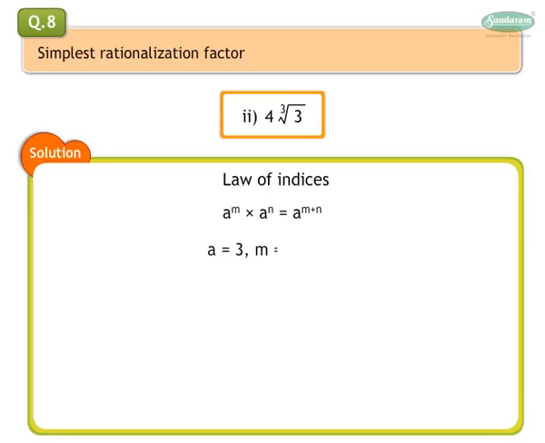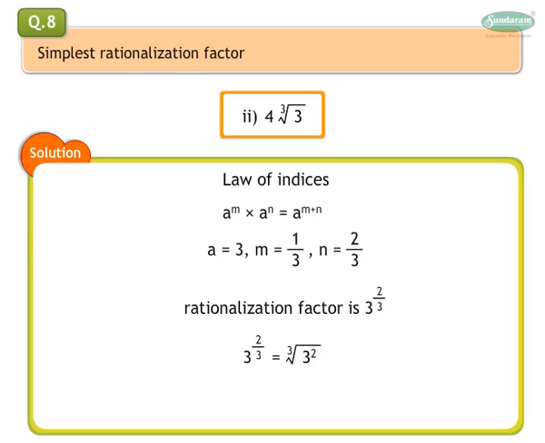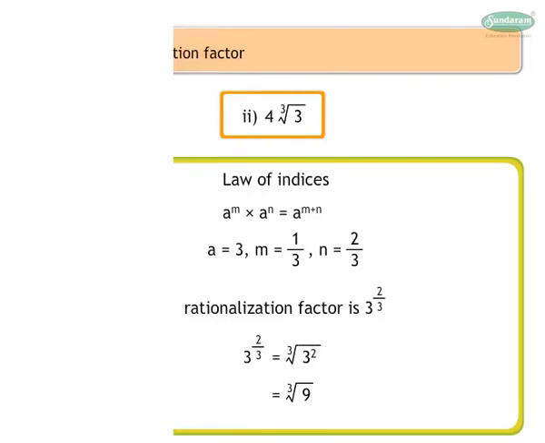Here, a is 3, m is equal to 1 upon 3, n is equal to 2 upon 3. So the rationalization factor is 3 raised to power of 2 upon 3. Let us convert 3 raised to 2 upon 3 into the surd form as cube root of 3 square, which is cube root of 9.